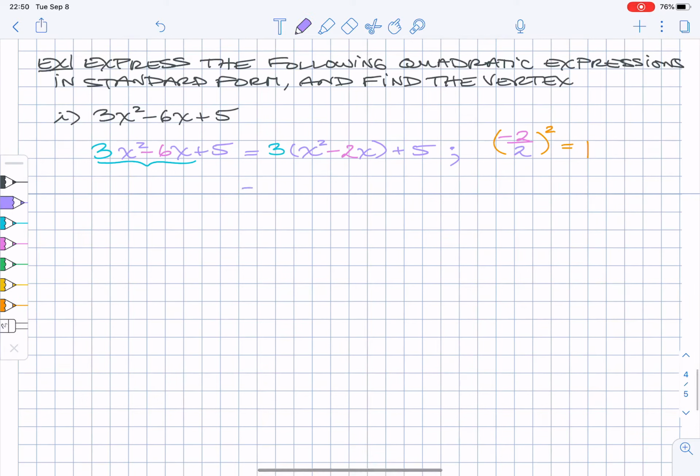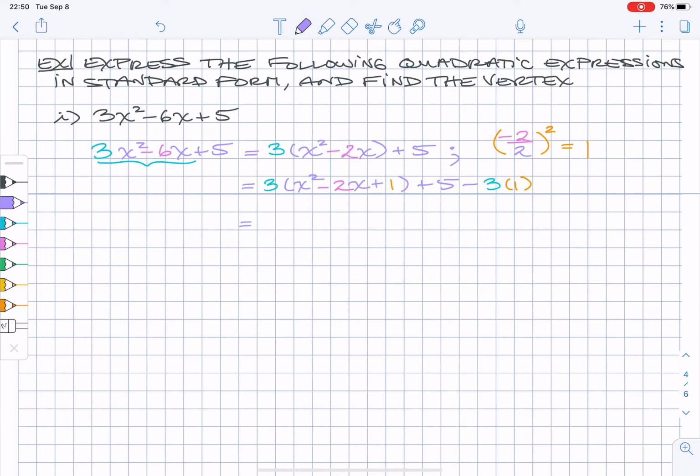This is going to be 3 times the quantity x squared minus 2x. Now I'm going to add 1 inside the parenthetical. But if I do that, on the outside I need to subtract the lead coefficient times what I added in: 3 times 1.